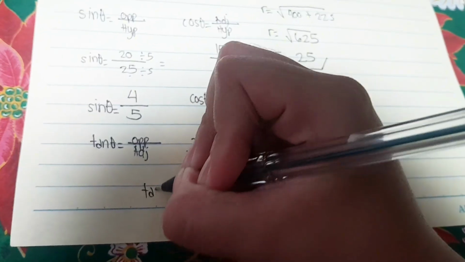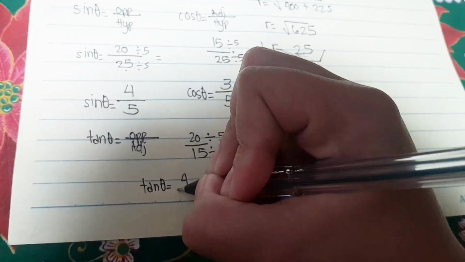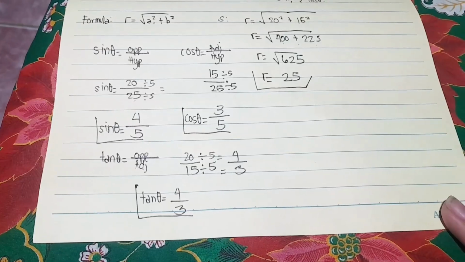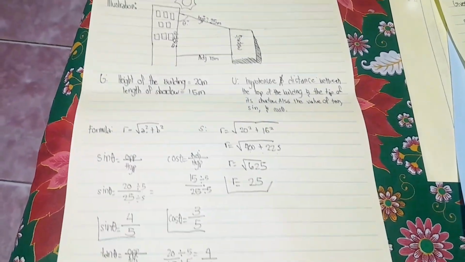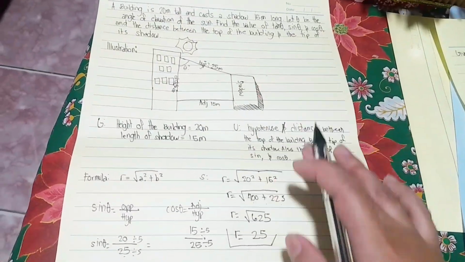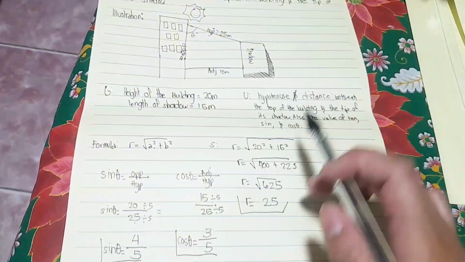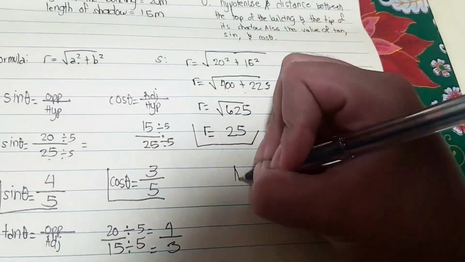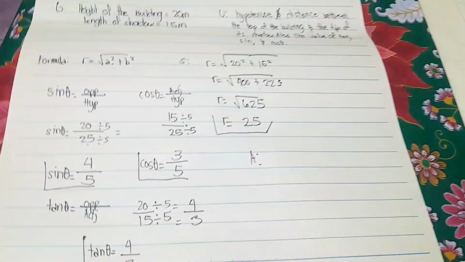So, ang value ng tan natin ngayon ay 4 over 3. So, ito yung mga value natin. Ngayon, nahanap na natin lahat nung hinahanap sa word problem, which is yung hypotenuse and yung mga value ng tan, sine, and cos. So, now, doon na tayo sa answer or conclusion.